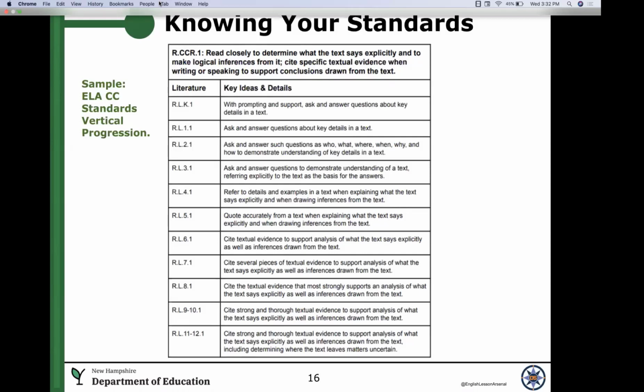And then from here, how that anchor standard progresses through to grade 12. So this is going to show you how the work you're doing in kindergarten, first grade, second grade is going to each year build and grow into something that a 12th grader can put into practice as they get ready to head up to college.